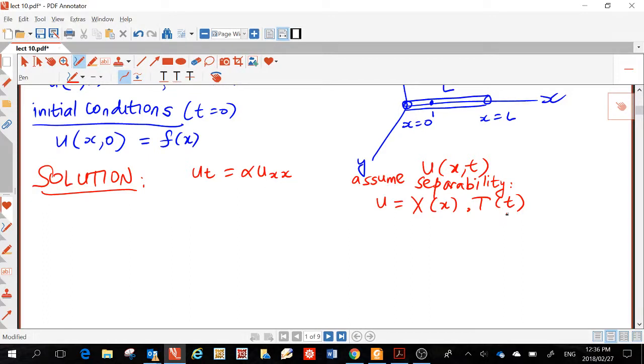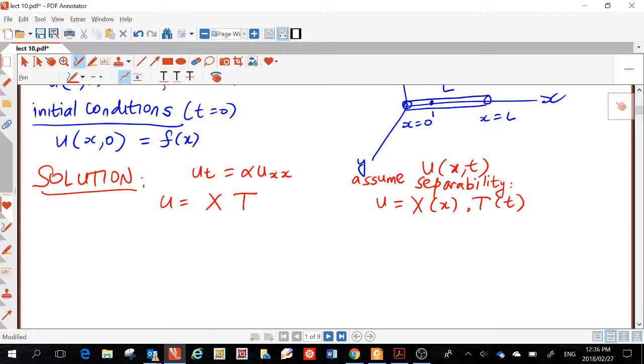So this is a bit of a leap of faith for now. Later on, I'll make a statement about this, and you'll see it's quite astounding, in fact. Let's assume separability. So that means that u is X times T.